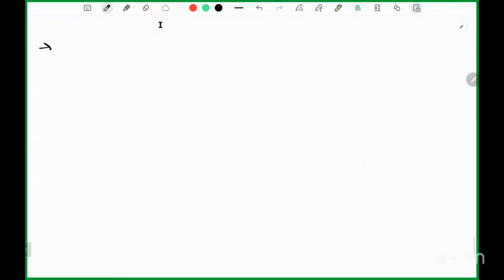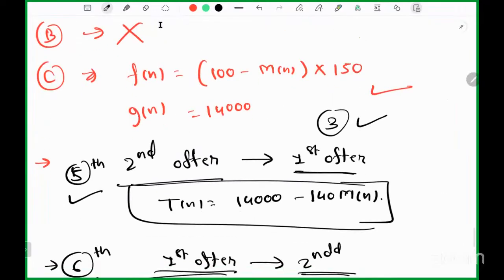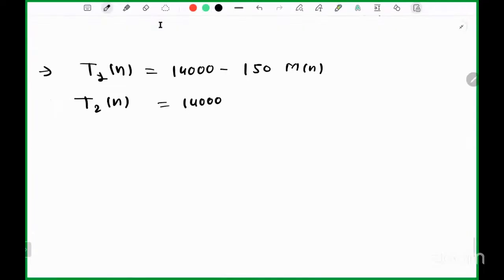Let T1 of n be when we apply the first offer first and then the second offer, that is 14,000 minus 150 mn. And the second one, when we apply the second offer first and then the first, is 14,000 minus 140 mn.